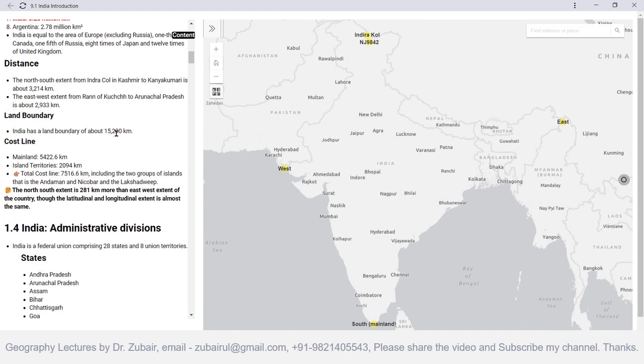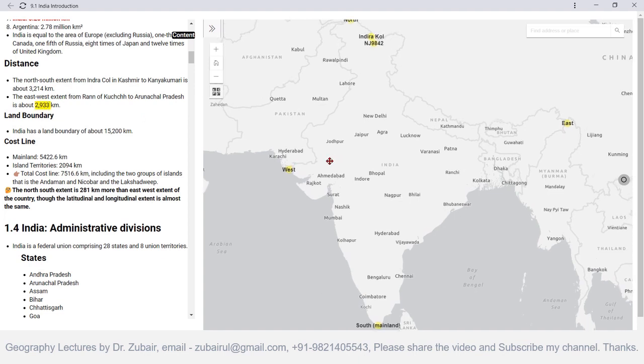So there is a point given in the NCERT: if the east-west extent is 30 degrees and the north-south is also 30 degrees, then why is the east-west distance lesser than the north-south? Because the east-west extent, you can see here, is 2,933. To answer this question, you can see the latitude and longitude.